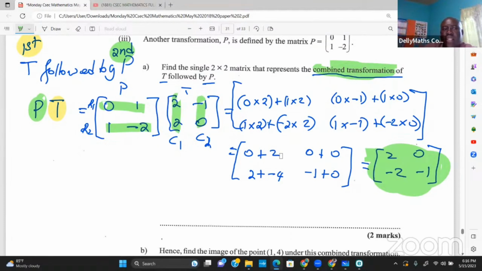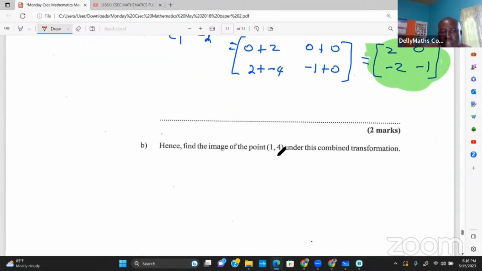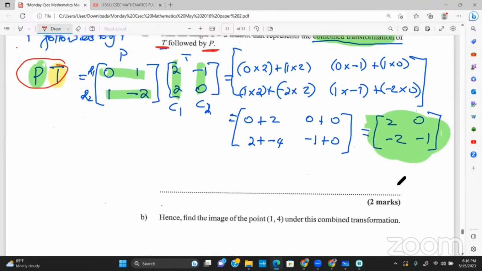It's a regular matrix. The only thing about this is that we have to make sure that we understand how to set this up based on the information, T followed by P. Which one do I write to the left or the right? Make note of that, all right? All right, let's look at the next question. Hence, find the image of the point (1, 4) under the combined transformation. Go ahead, go ahead.